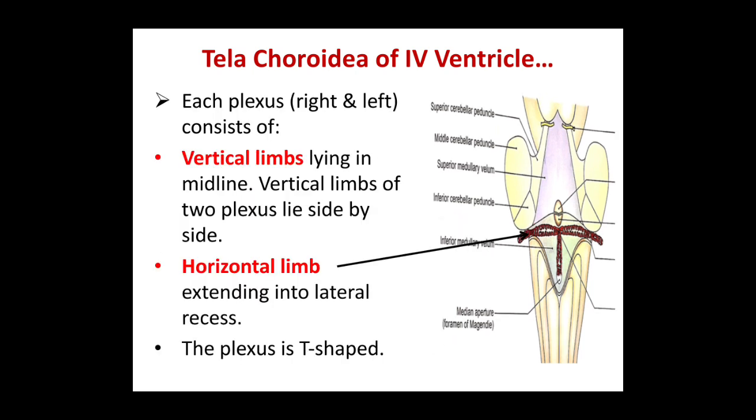Each plexus, that is the right and left, consists of a vertical limb lying in the midline. The vertical limbs of the two sides lie side by side. The horizontal limbs extend to the lateral recess. The whole plexus is T-shaped.